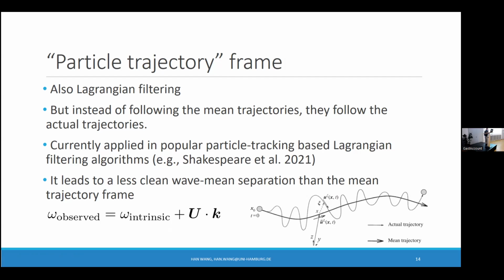And another argument I would make is that if you think about this kind of sketch, and you want to extract the mean flow, then if you follow the particle trajectory instead of the mean trajectory, your own movement has a fast component in it. So this would mean that you are not experiencing the mean flow in its purest form. If you want to really see the mean flow, you have to follow the mean trajectory.